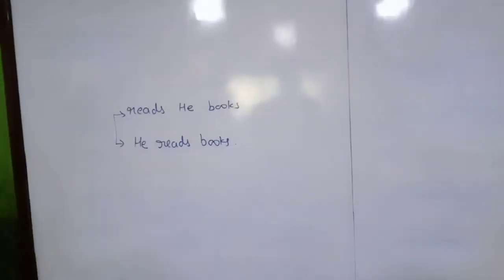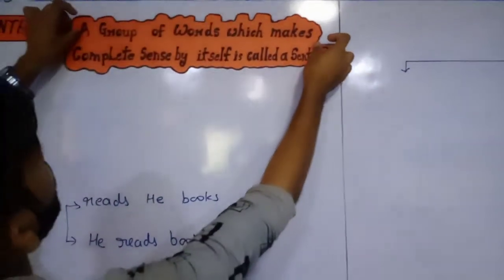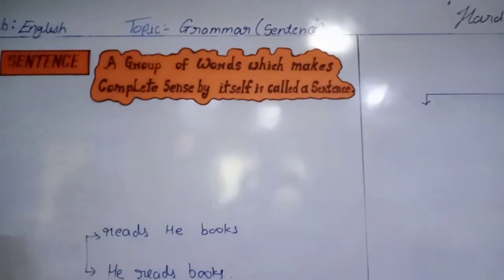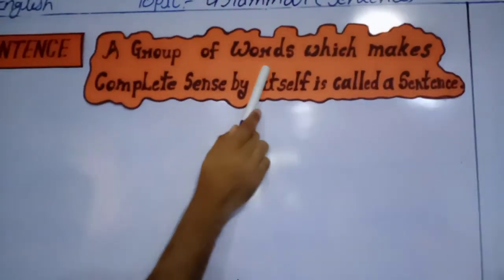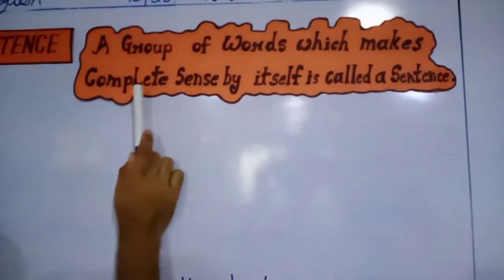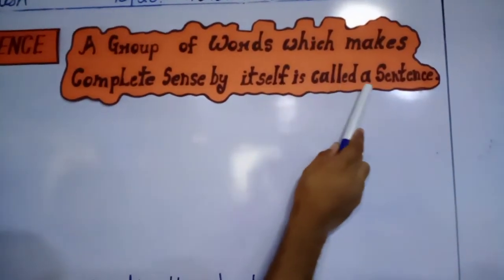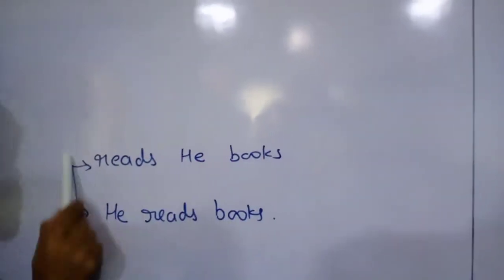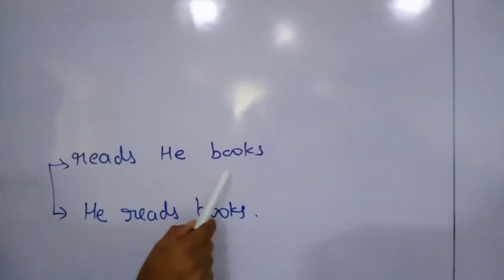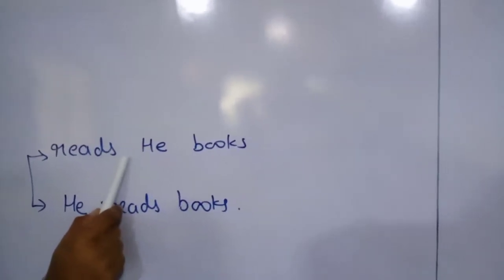Let's see. Sentence: a group of words which makes complete sense by itself is called a sentence. So you can see over here, the first time we had the same group of words, but it did not make any sense.